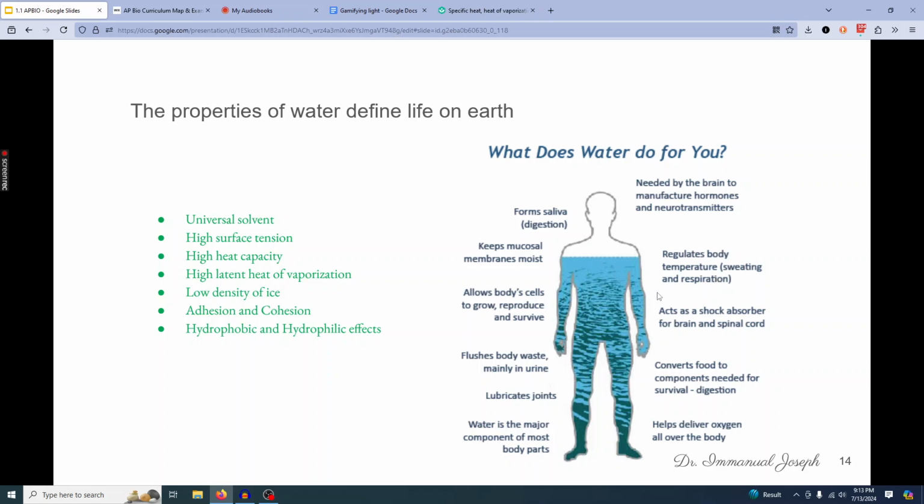Okay, so just again a quick note on how water becomes important for us. Everything from saliva in your mouth, to how your urine is secreted out, to how your joints are lubricated, to how blood delivers oxygen all over your body, to transmitting neurotransmitters through blood. Everything depends on water.